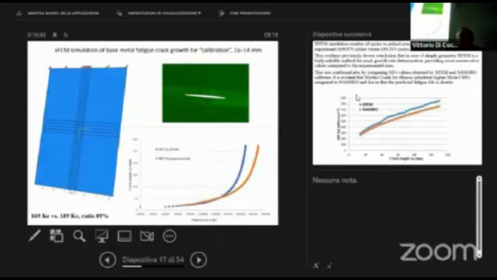Now we started with a kind of calibration. That means we used a plain panel with a crack of 14 millimeters, for which we also had experimental results. You can see at the bottom right that numerical results provided about 169 kilocycles, thousands, whereas experimental results indicated about 189, which is a difference of around 11%.